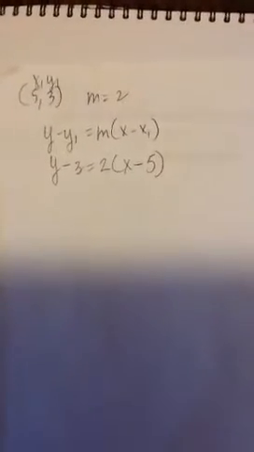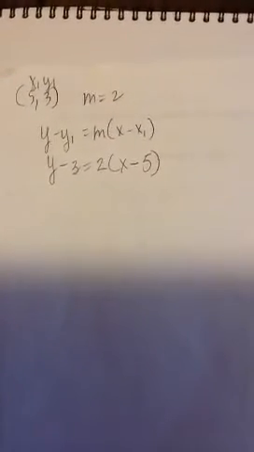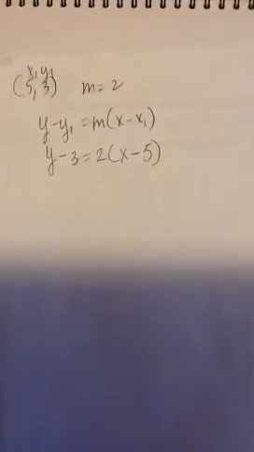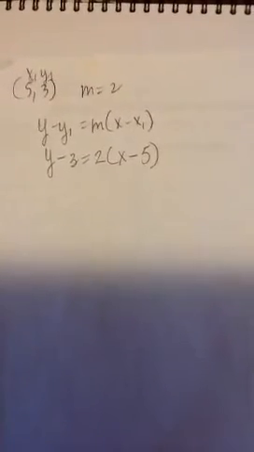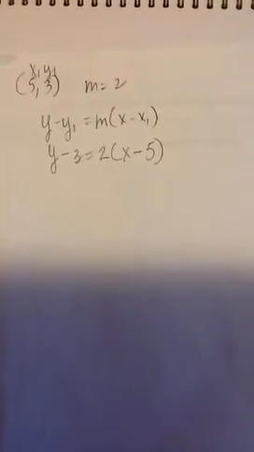So this is the line written in point slope form. The Cal test will take this, but you might have answer choices if you're doing a test that are in the slope intercept form. So that means I'm just solving for y.